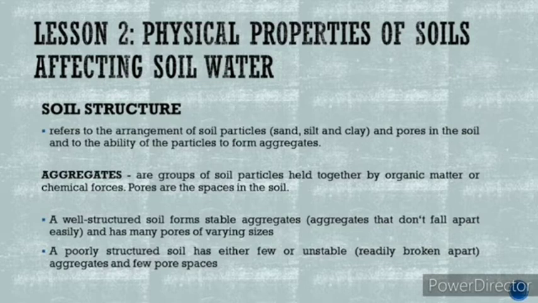A well-structured soil forms stable aggregates, aggregates that do not fall apart easily, and has many pores of varying sizes. A poorly structured soil has either few or unstable, readily broken apart aggregates and few pore spaces.